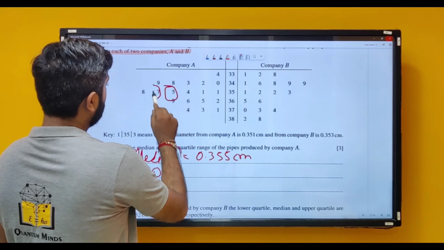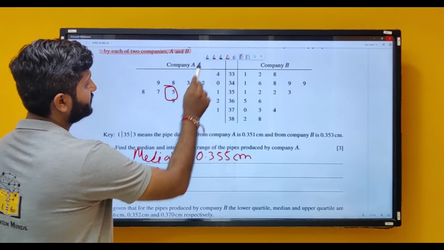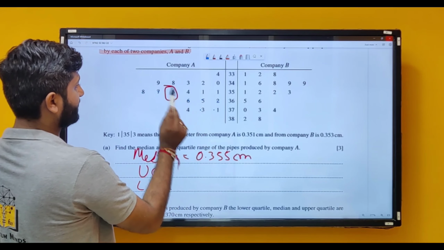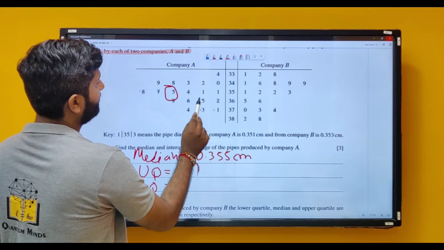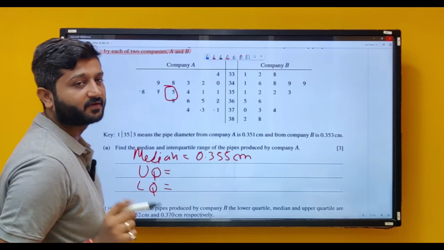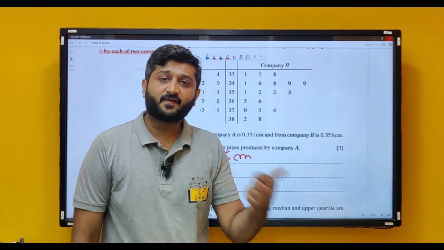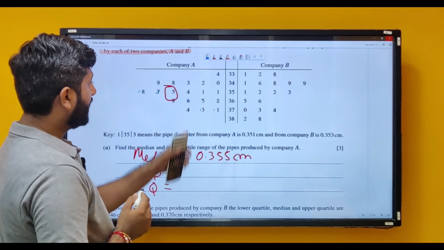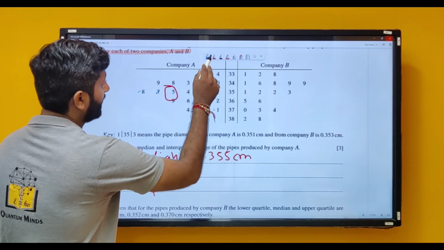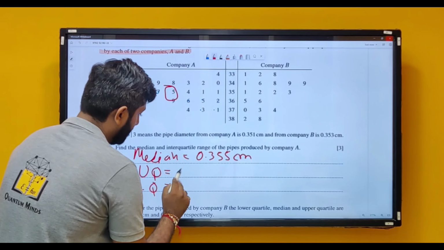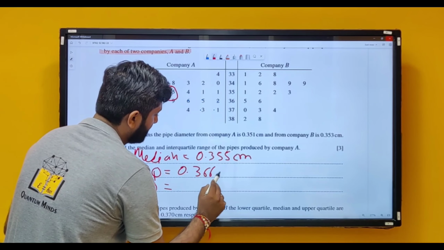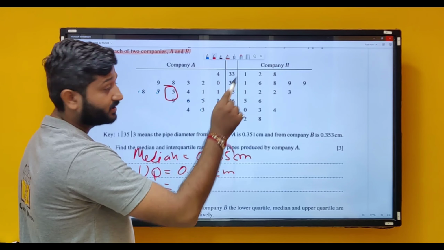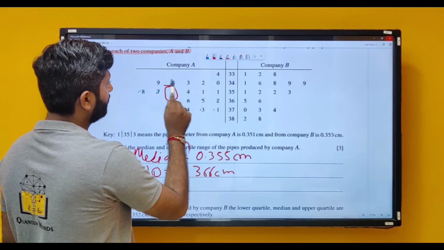So how many observations do I have? 1, 2, 3, 4, 5, 6, 7, 8, 9. 9 observations I have. So the median is going to be the fifth observation, which is 1, 2, 3, 4, 5. So the upper quartile is 0.366 centimeter, and the lower quartile is going to be once again 5 observations, 1, 2, 3, 4, 5.